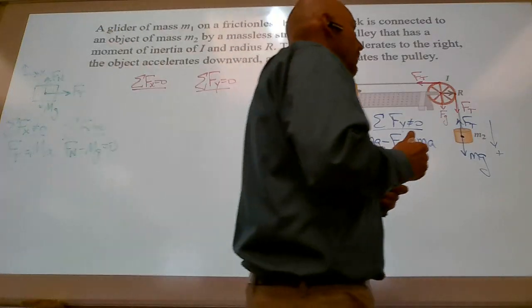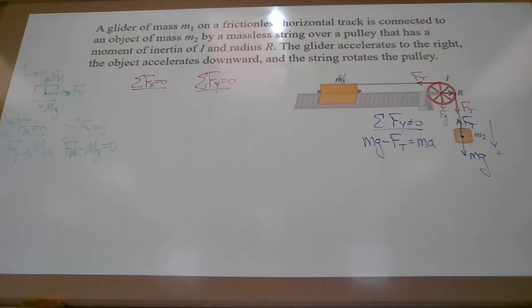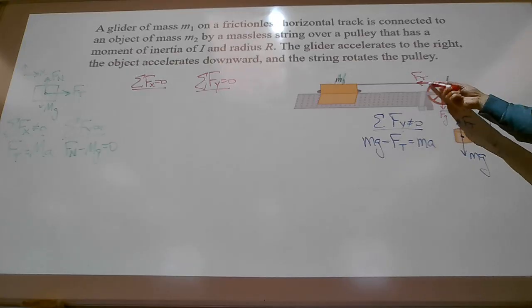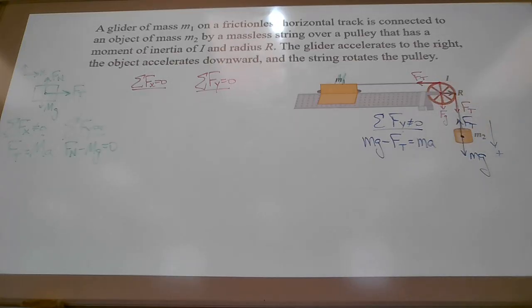Okay, so we are missing a force, right? Because in the x direction, you've got this tension. There needs to be something that cancels that out, that holds that pulley still.